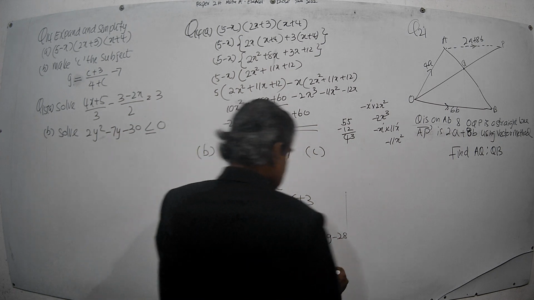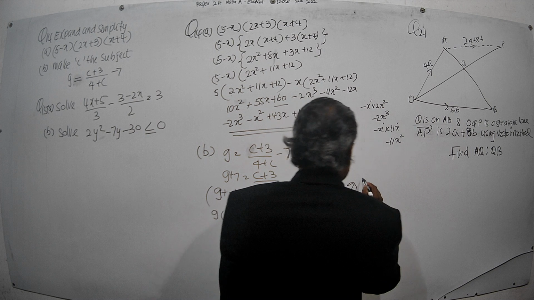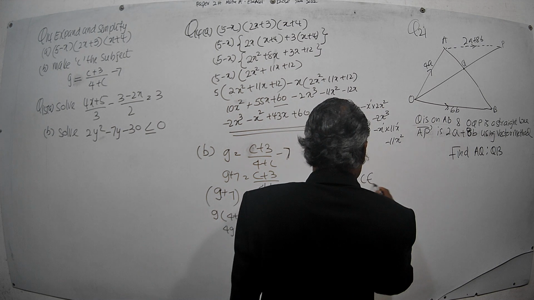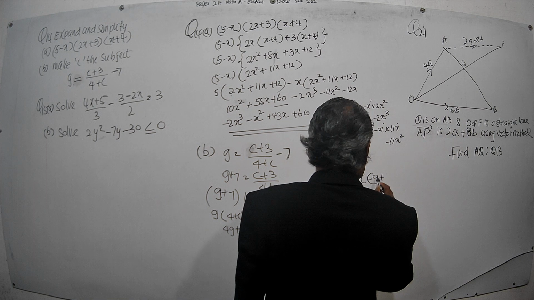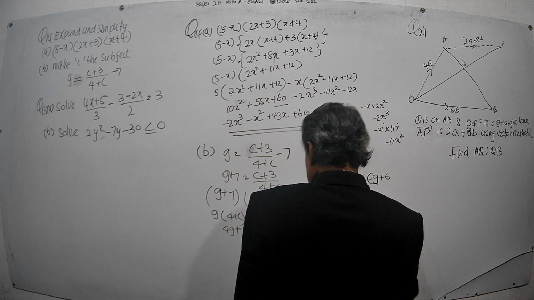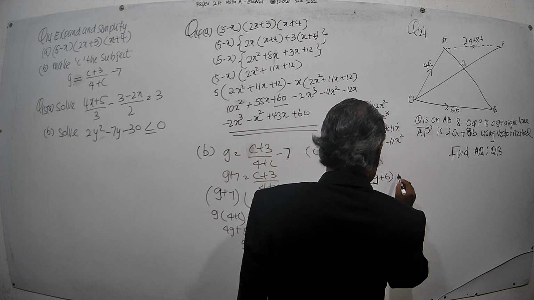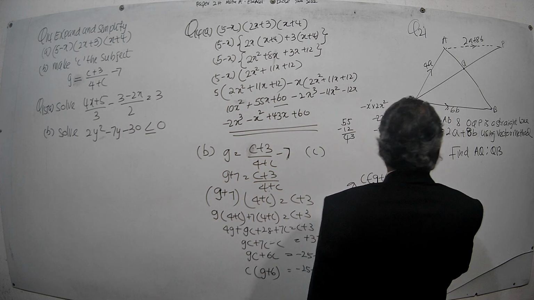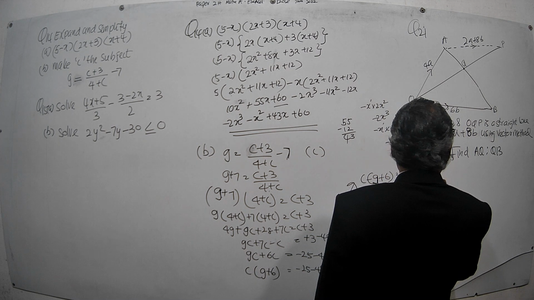Then we have C within brackets, (G plus 6) equals minus 25 minus 4G.